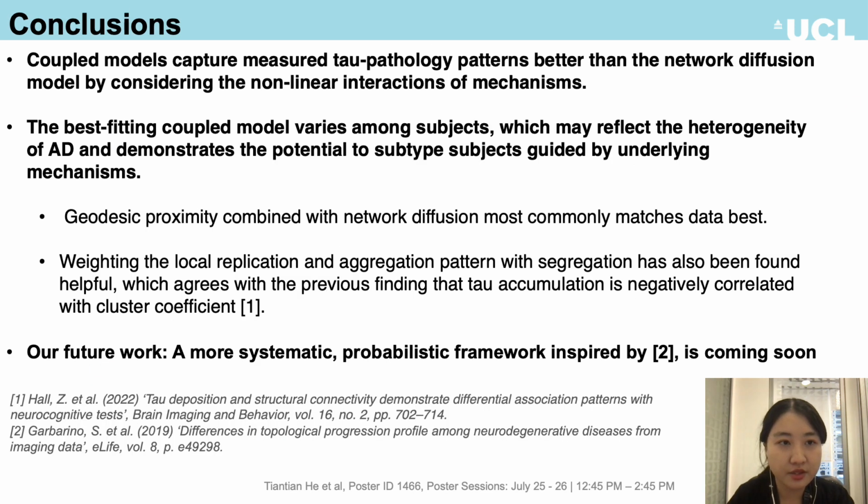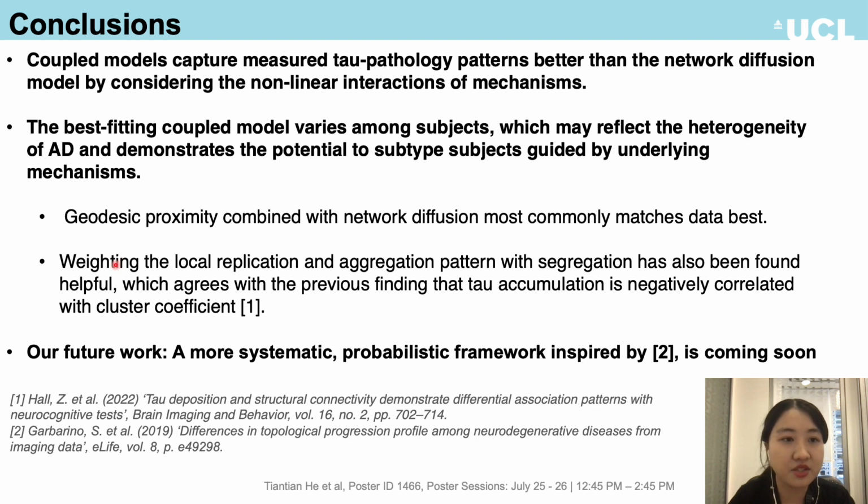In conclusion, the coupled model captures the measured tau pathology pattern better by considering the nonlinear interaction of disease pathology and propagation. The best fitting coupled model varies among subjects, which may reflect the heterogeneity of Alzheimer's disease, and also demonstrates the potential to subtype subjects guided by the underlying dominant mechanisms.